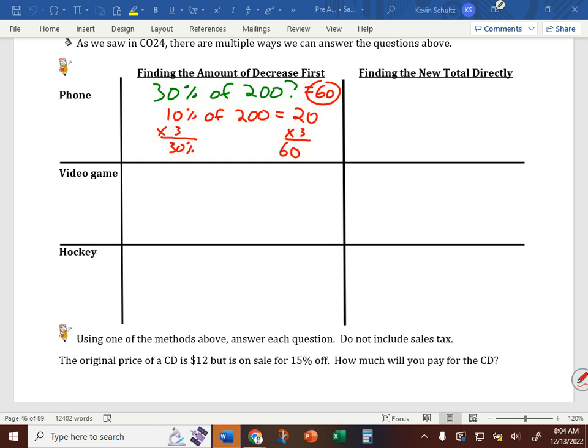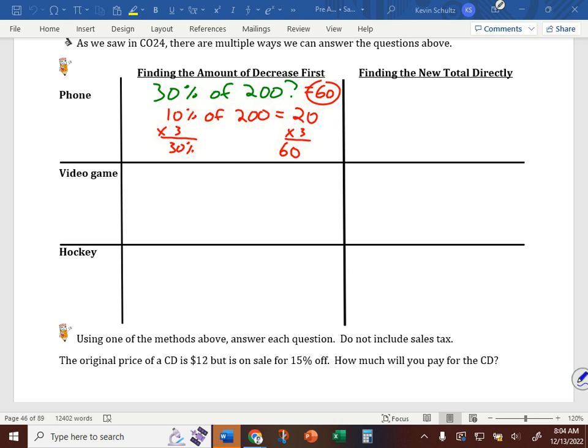Is 60 our final answer? No. 60 represents what? Not the increase, this time the decrease, right? We're decreasing 200 by 60. So what would our final step be? Yeah. Subtract, right? In CO24, once we got this percentage value, we added it, because it was an increase. So since it's a decrease, it makes sense that we're going to subtract it.